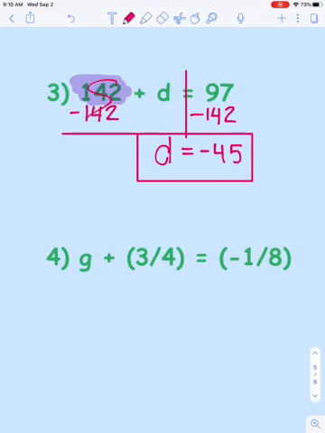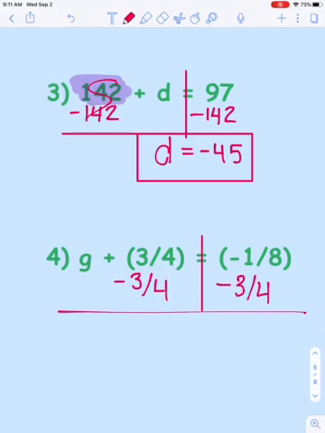Do not let fractions scare you, okay? That's why you've got a calculator. It's not that bad. It's the same process. So what's our variable? G. And what's happening to G? It is being added to 3/4. What's the opposite of adding 3/4? Subtracting 3/4. So it doesn't matter that it's a fraction. It's the exact same questions.